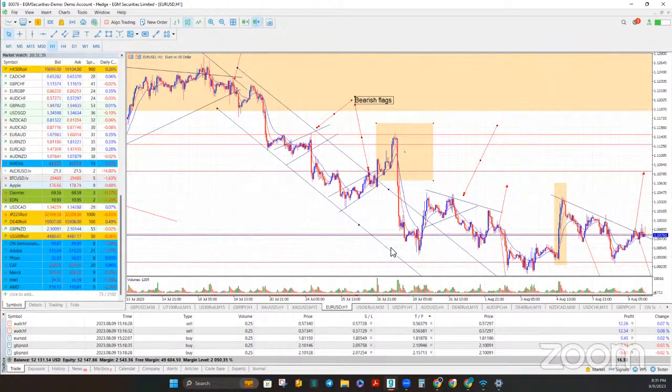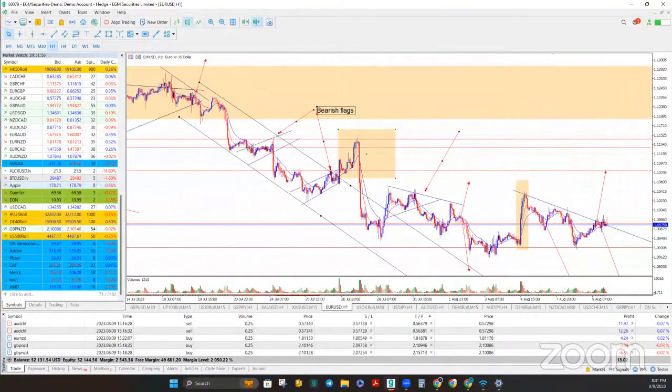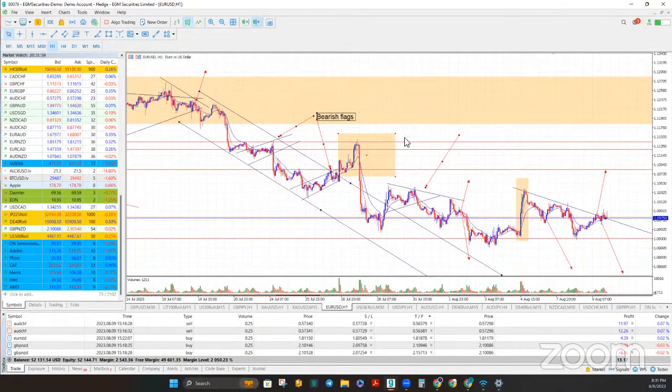But you can see how price then continued to go down into this level here. And the reason why price did that is because there was already a bearish bias here, and price was already moving in that channel, indicating to us that it could move lower. So I think that's it for this particular one.